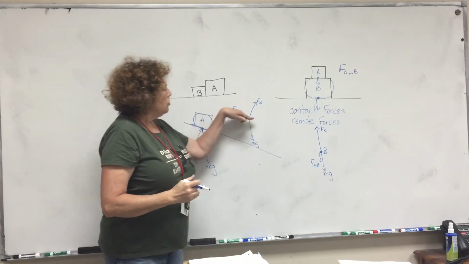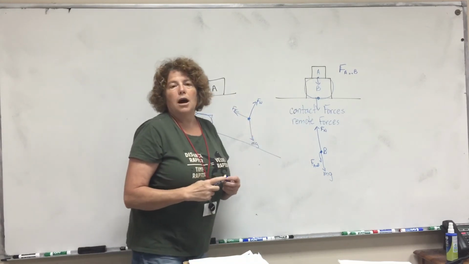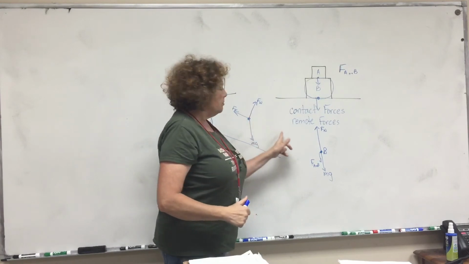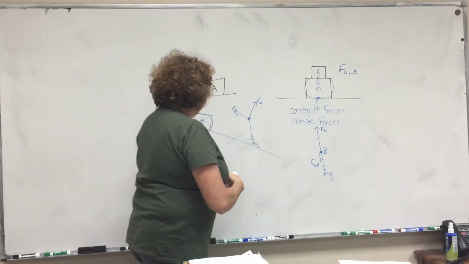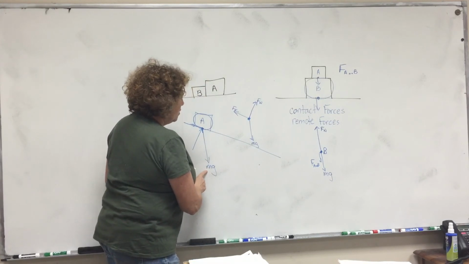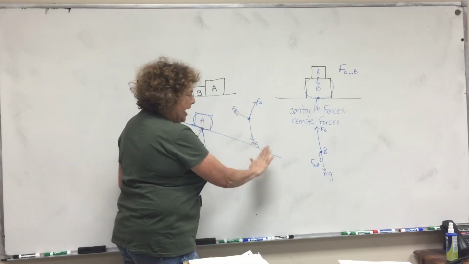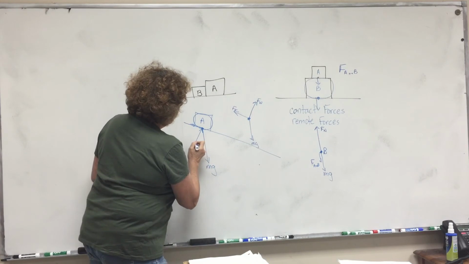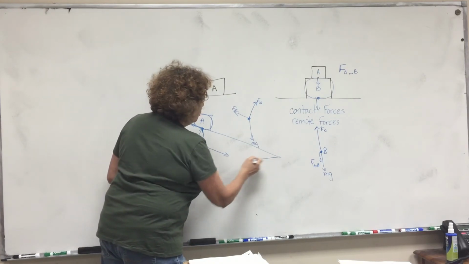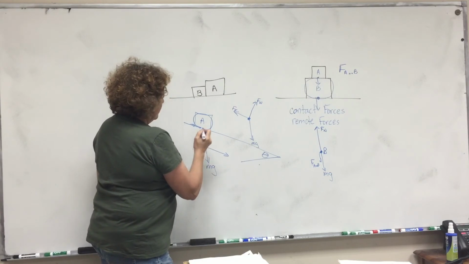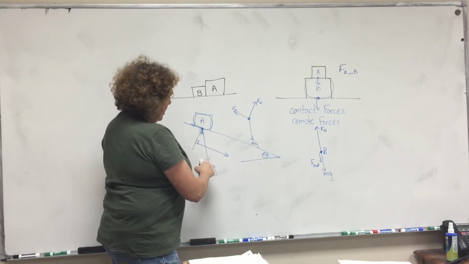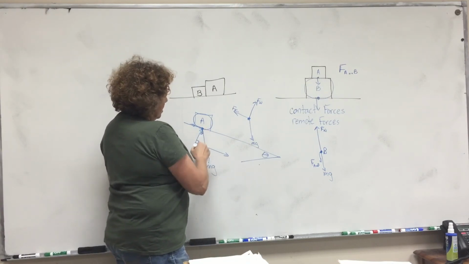Notice there's no drawing of the force that's pushing it down or pulling it down. That's because that is a component of this force. When you're asked to find that force, then you would use this. mg is your hypotenuse.